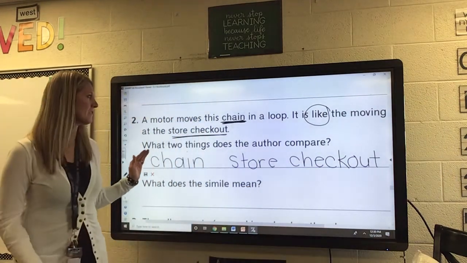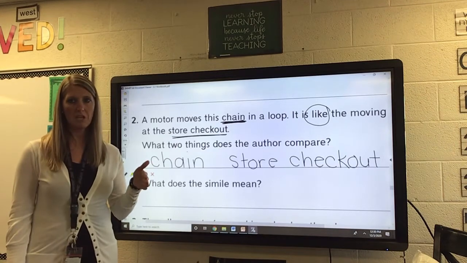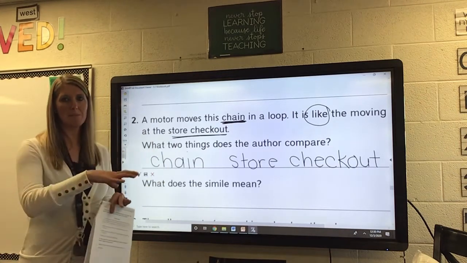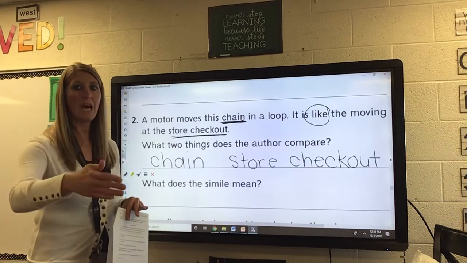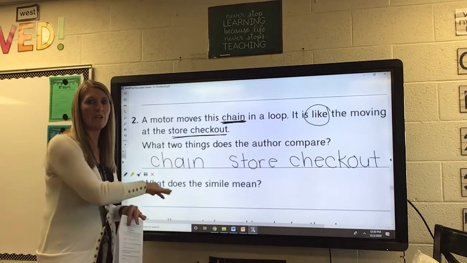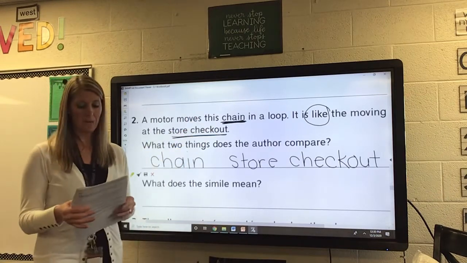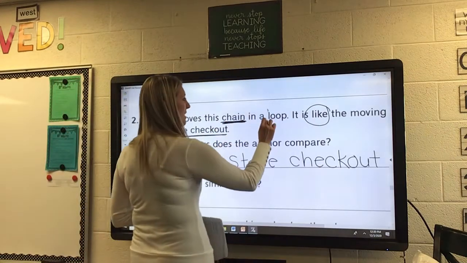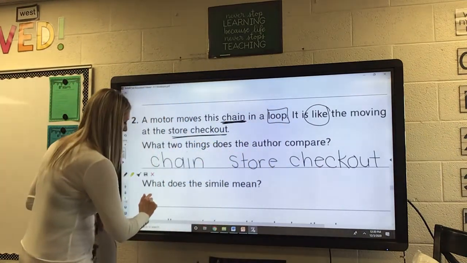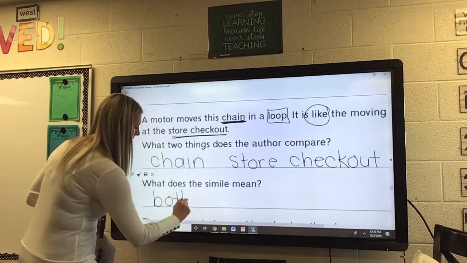If you think about when you put your items on the belt at the store checkout, that belt goes down and it loops and comes back around and then it loops back up. Just like a motor chain is looping. So I could say that they both loop. And here is that key word. They both loop. So we can say both loop.